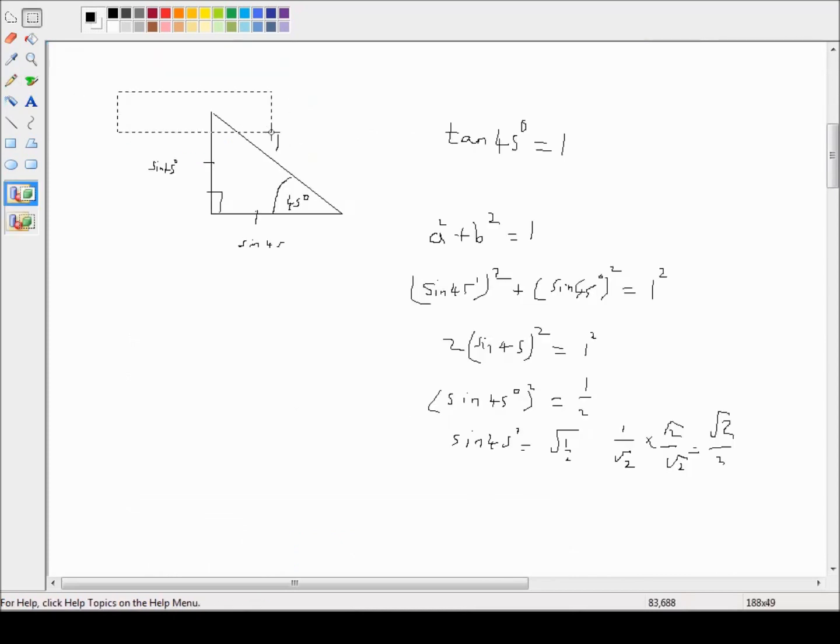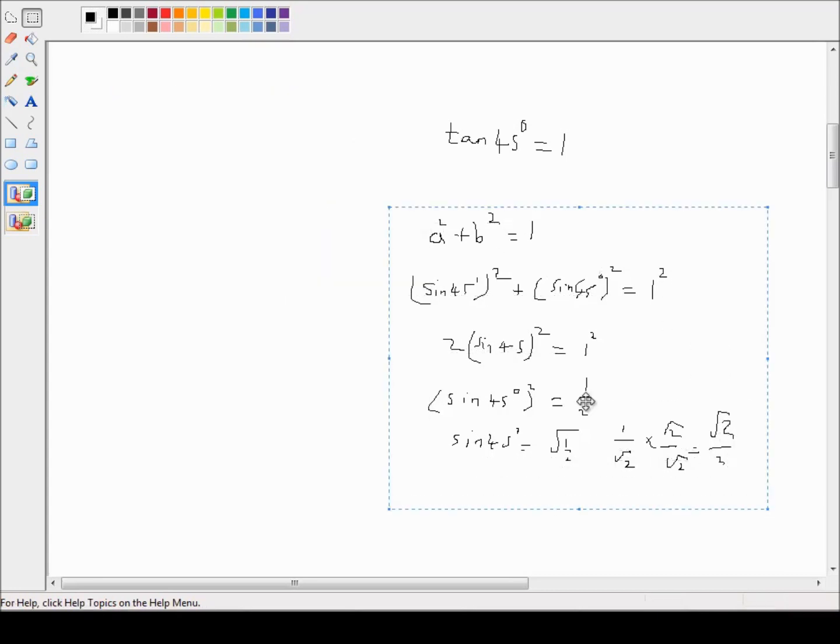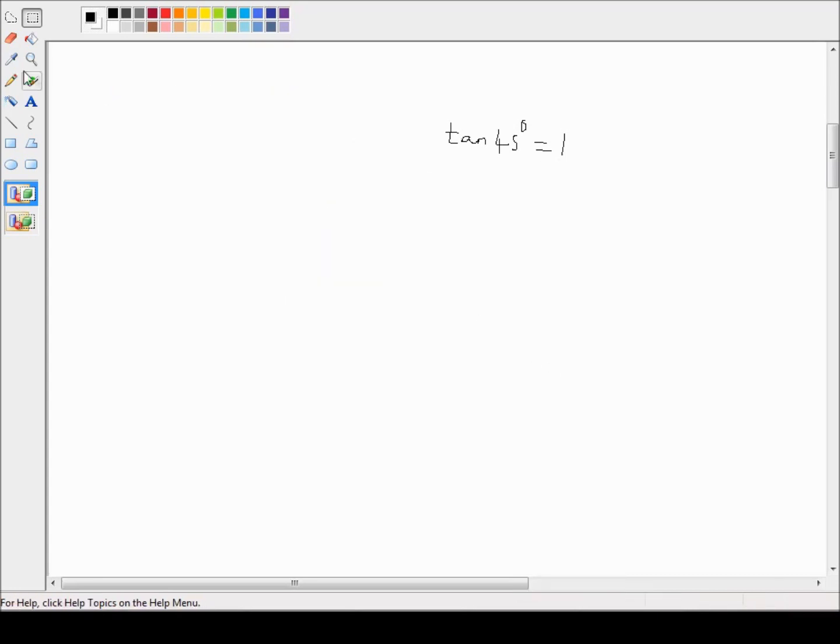So if we get rid of our working out, and we just get our solution now, sine 45 degrees is equal to root 2 over 2.